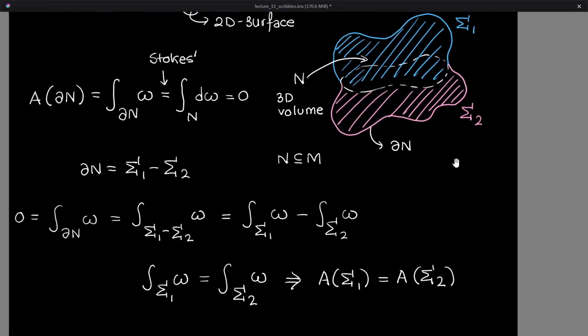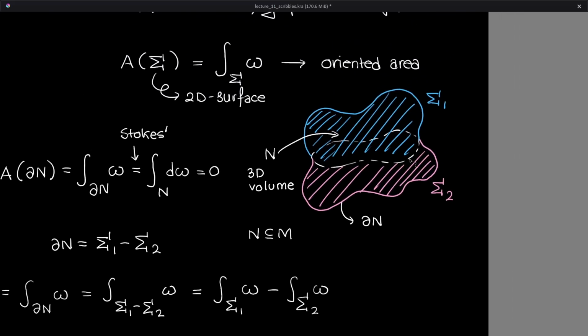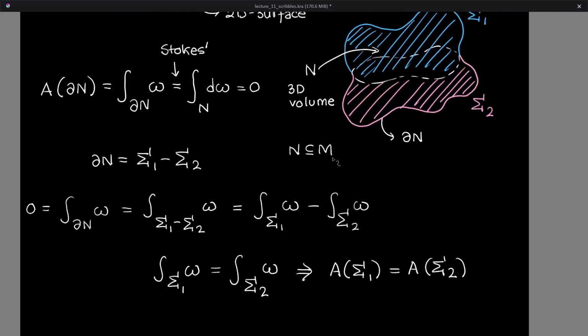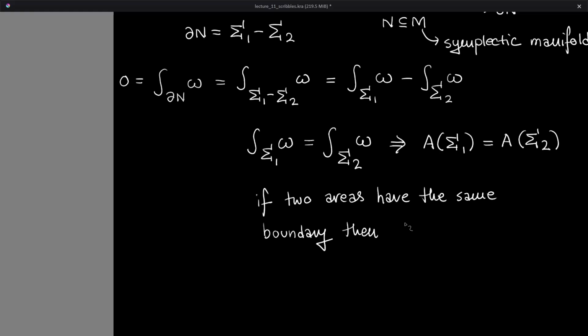Remind yourself that all we really assumed is that these are two areas with coincident boundaries in our symplectic manifold M. M is the symplectic manifold here. So what does this mean? That means that on a symplectic manifold, if two areas have the same boundary, then their areas must be equal.